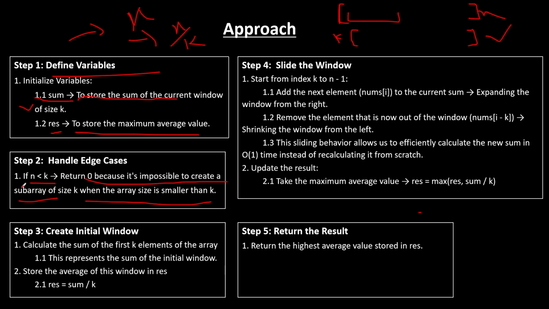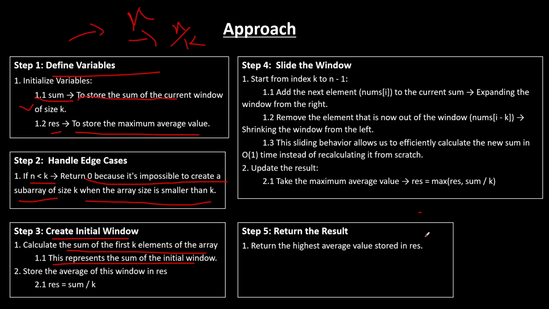The third step is creating the initial window. Now we calculate the sum of the first k elements of the array. This represents the sum of the initial window. Now what does this mean? We are given an array of n size, and we understood till now that we have to use a sliding window.